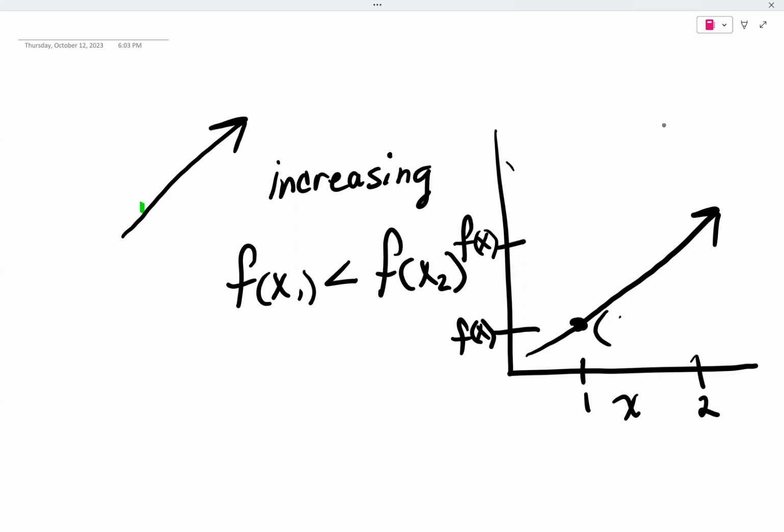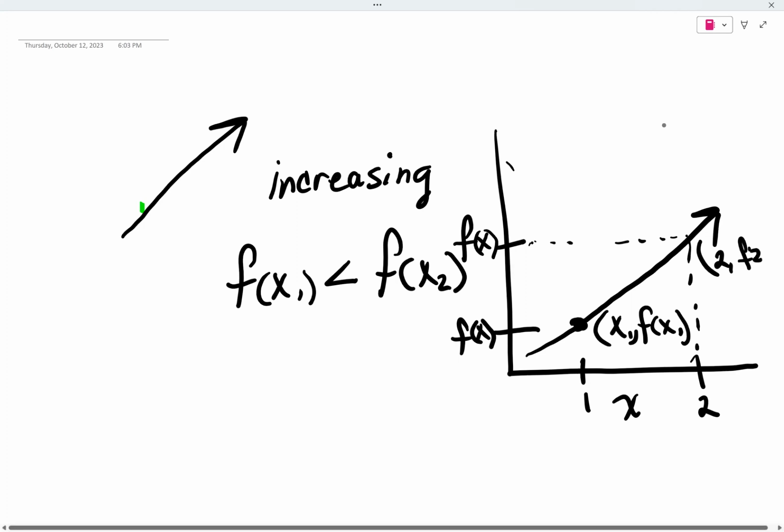This is the equivalent of x1 and f of x1. If you notice, if I compare it to this point here, and I'll call this point here 2 comma f of 2, that'll make it easier to listen to. That's basically what the premise is on the values in respect to the coordinate pairs.